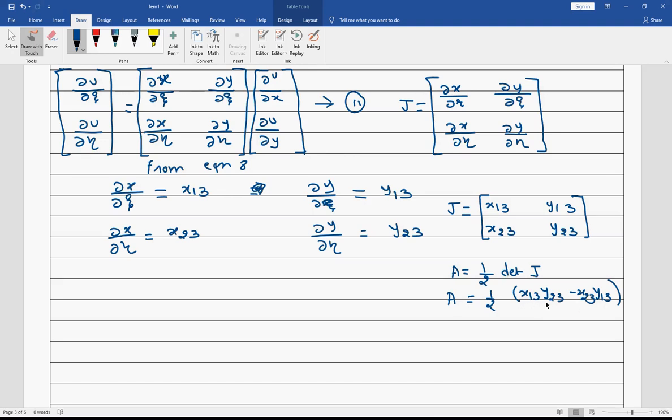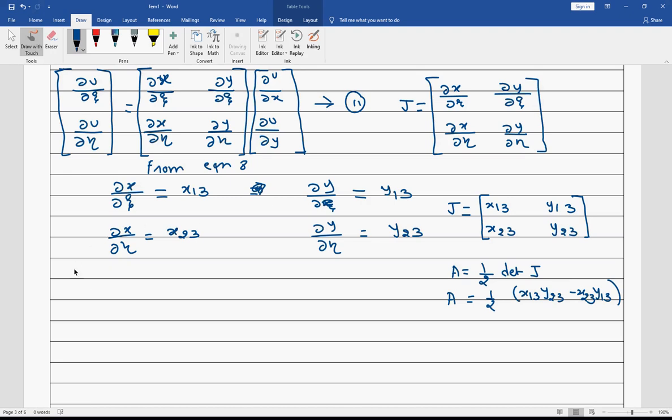So in terms of coordinates, you can calculate area in this way. x13 means x1 minus x3, y23 means y2 minus y3, and so on. So easily you can calculate the area. Anyway, we are going to require the determinant of J.